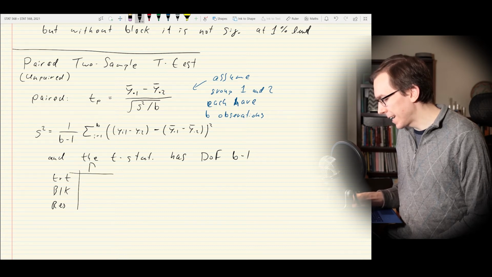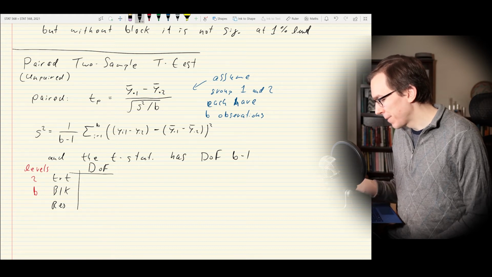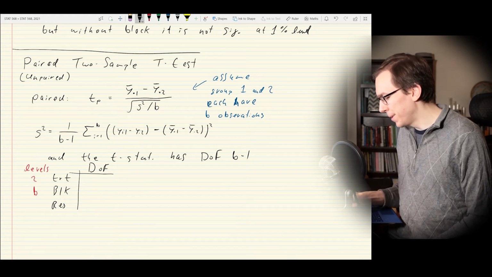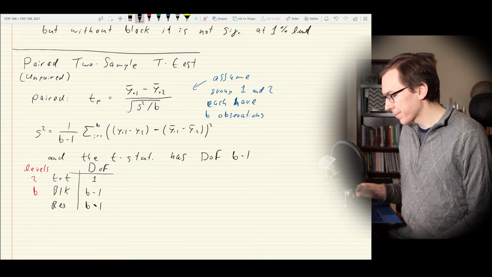As I said out loud, if this has 2 levels and this has B levels, then following from the table above, I would have 1 degree of freedom for my treatment, B minus 1 for my block, and B minus 1 for my residuals.